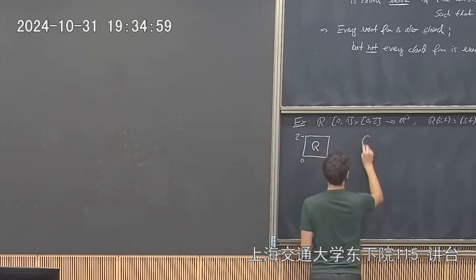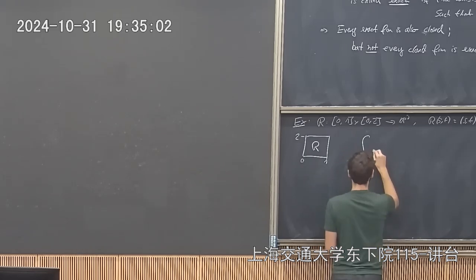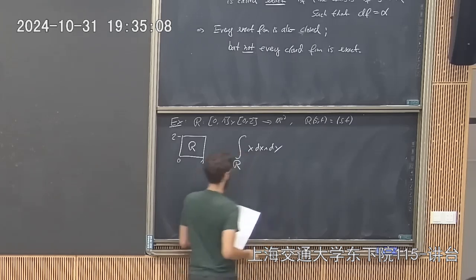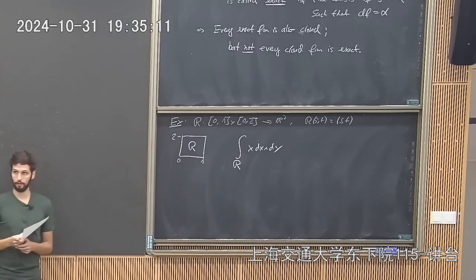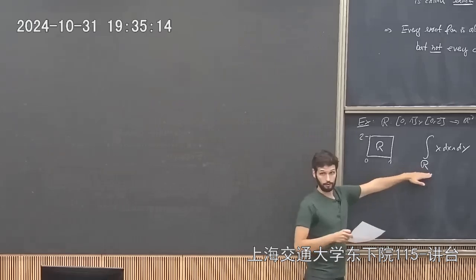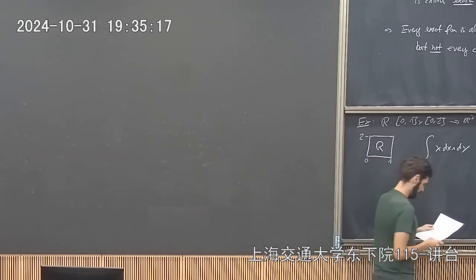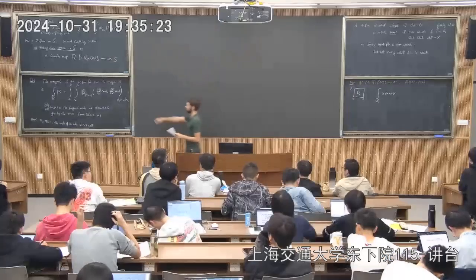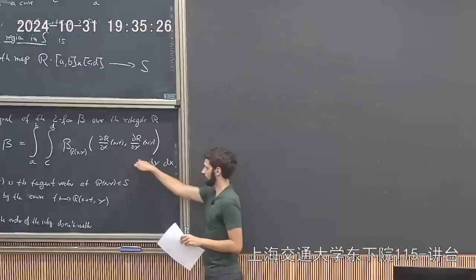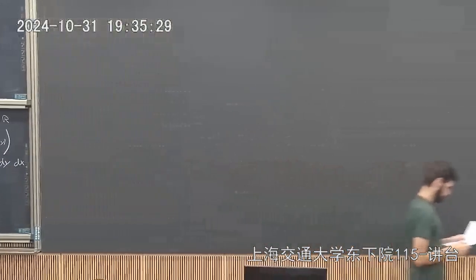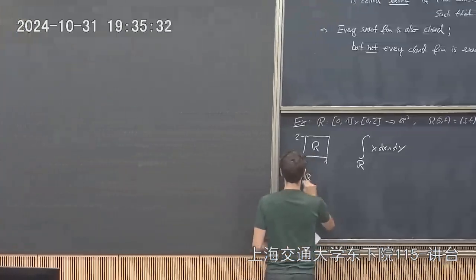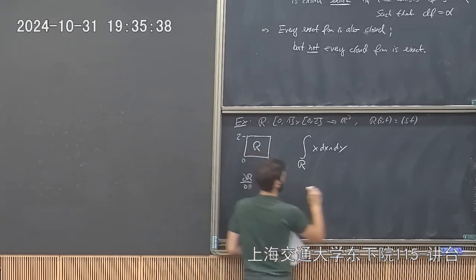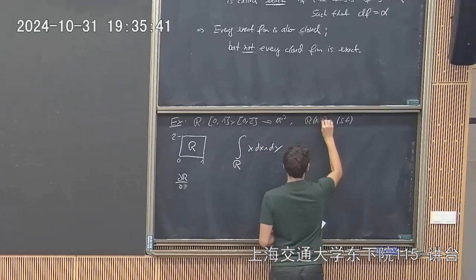And then let's say we want to calculate the integral over x dx wedge dy. That's a 2-form on R2, and we would like to calculate that integral. Let's see what we have to do. We have to calculate these two vectors, dr in the x direction and dr in the y direction.